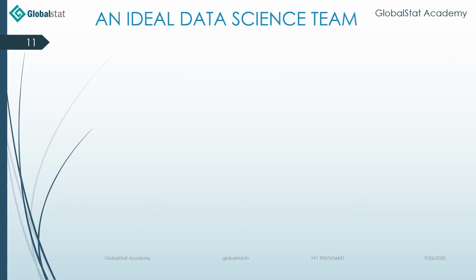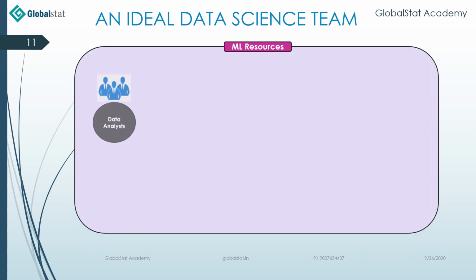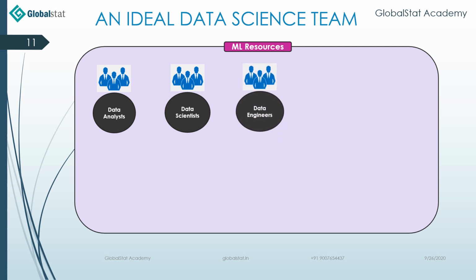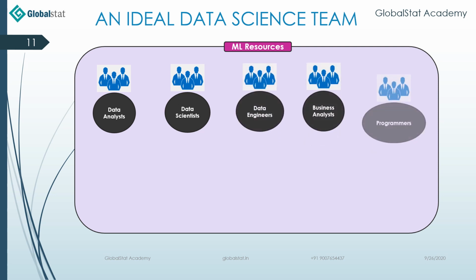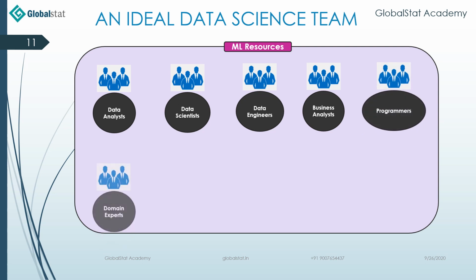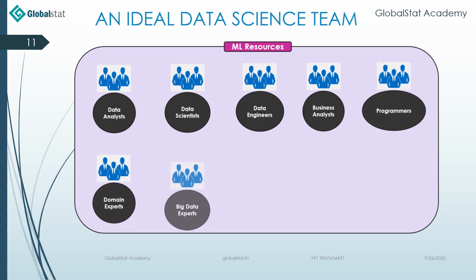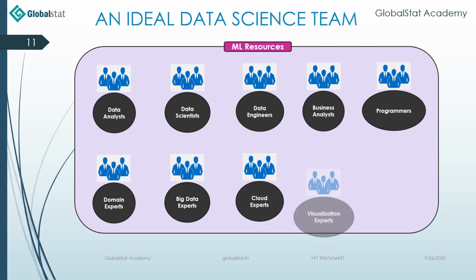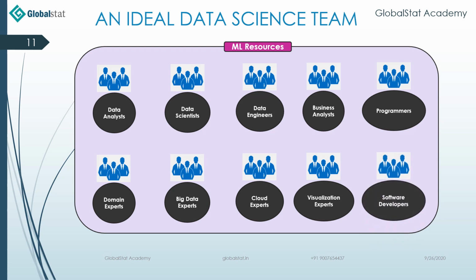What an ideal data science team looks like. It consists of different machine learning resources: data analyst, data scientist, data engineers, business analyst, programmers, domain experts, big data experts, cloud experts, visualization experts, and software developers.